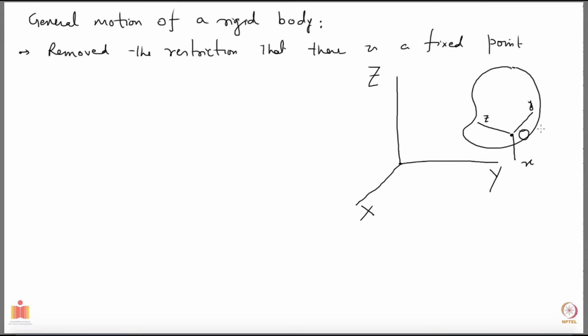So the most general motion will be the following. You can say that this point O is translating in space, and on top of it the body is rotating with that point. The coordinate system that is fixed in the body is rotating about some axis. So that will be the most general motion. Let me write down here.